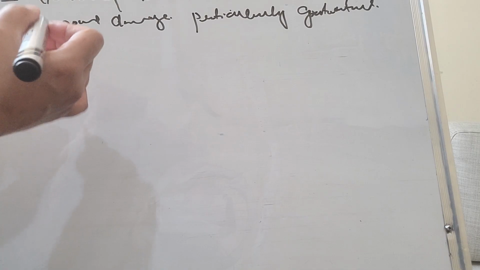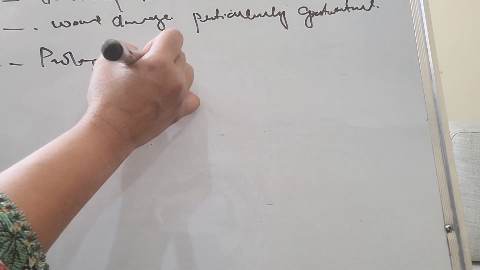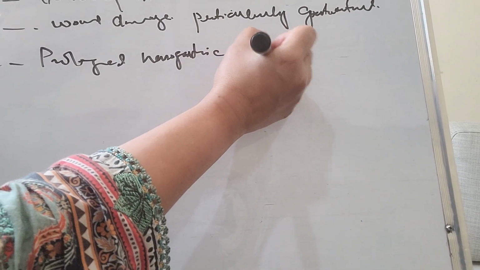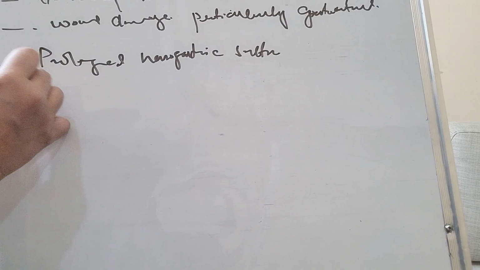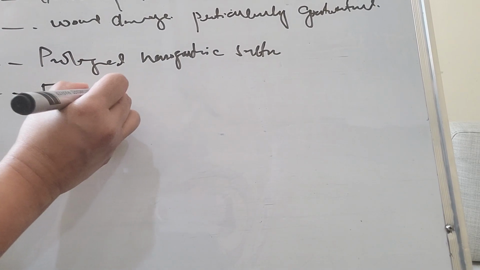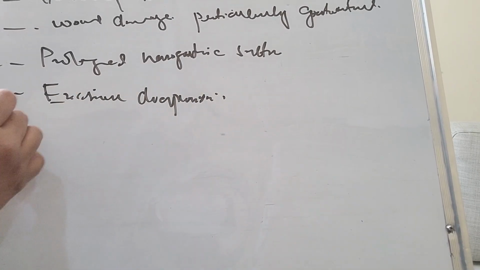E is prolonged nasogastric suction. F is excessive diaphoresis, too much sweating.